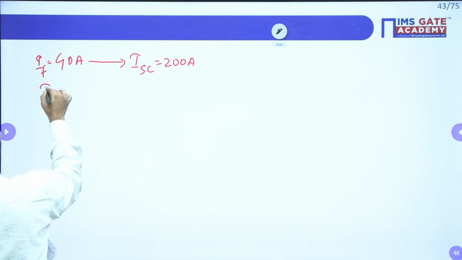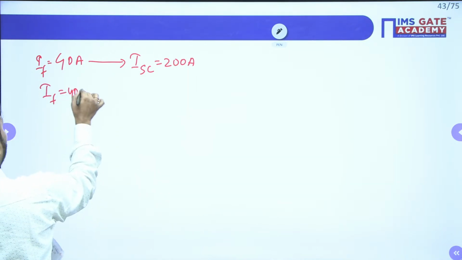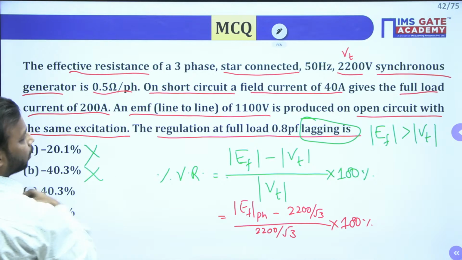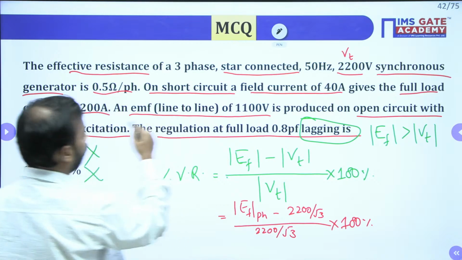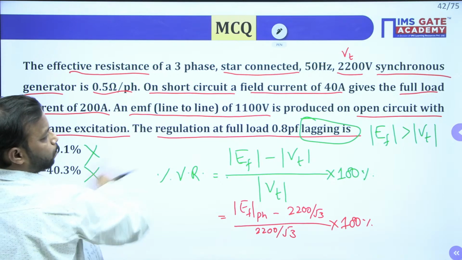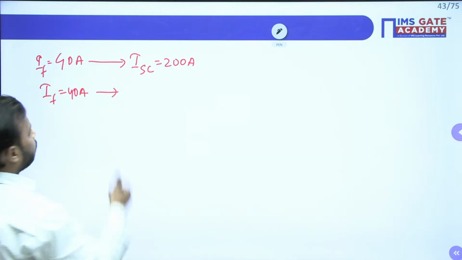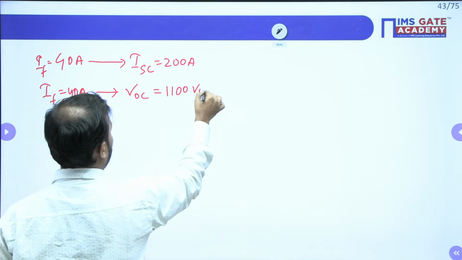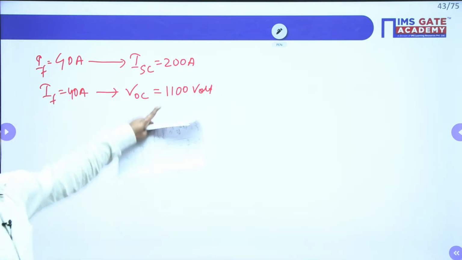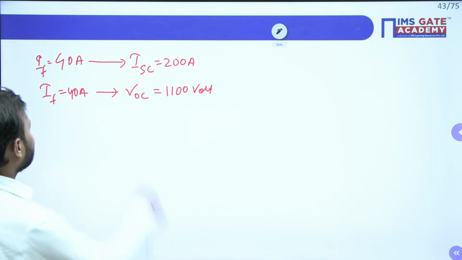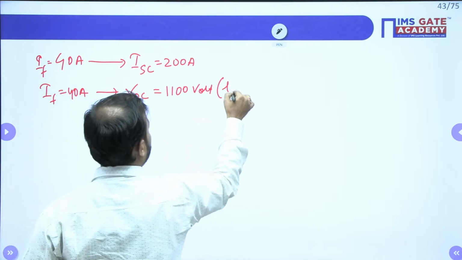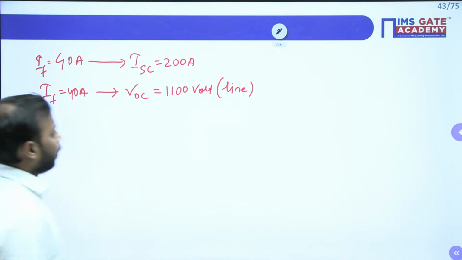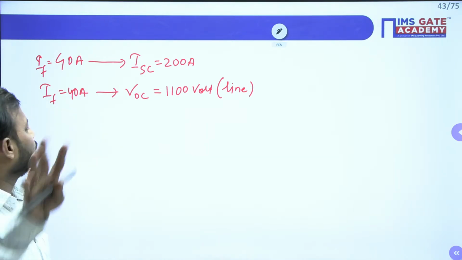Now with the same excitation, meaning the same field current, the open circuit voltage, or you can say EMF, VOC, is equal to 1100 volt. This is a line voltage, and for the star connection it will become VOC by root 3.